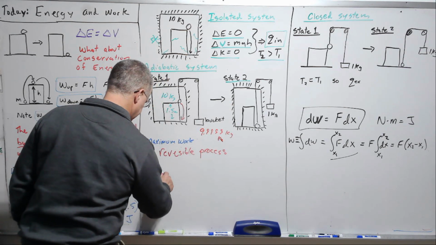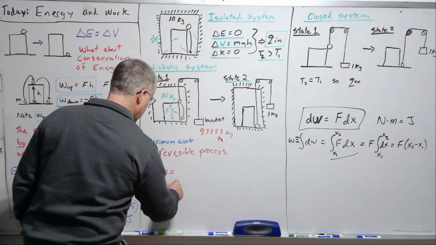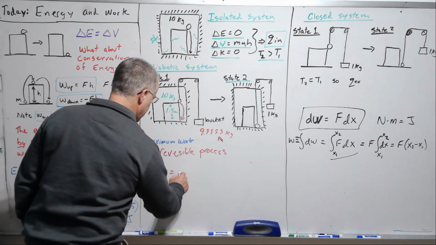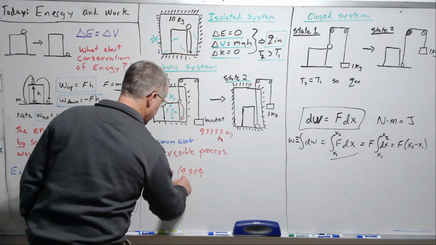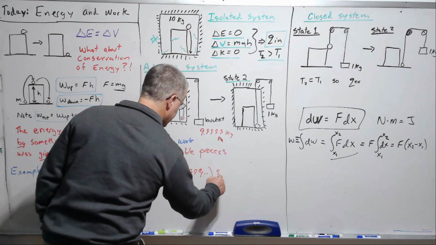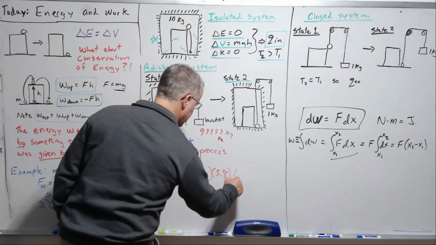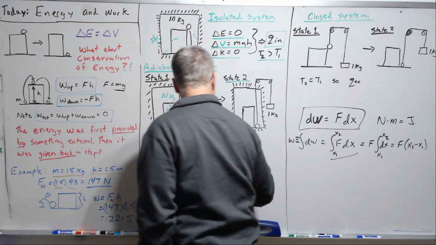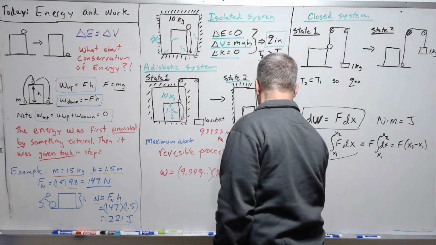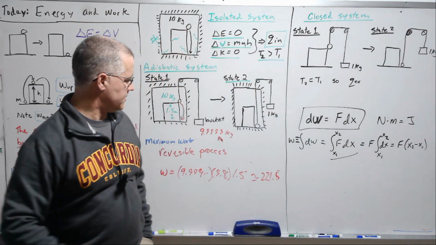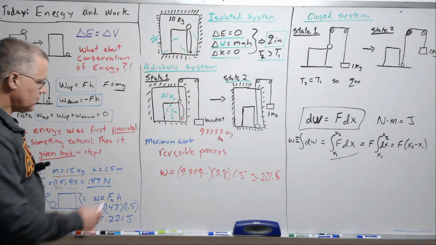The work is going to be 9.999 kilograms times 9.8 times the 1.5, which for all intents and purposes is 221.5 or whatever we had before. 221 joules.